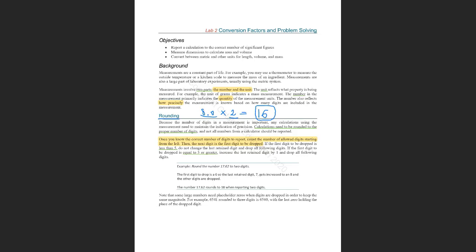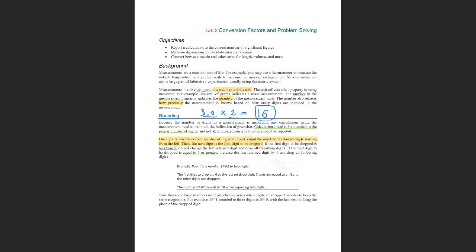Why is it 1? When we have to decide how many sig figs our answer will have, the first thing we have to do is look at what kind of calculation is done. In this case, I'm doing multiplication. It's different if I do multiplication or if I do addition or subtraction.